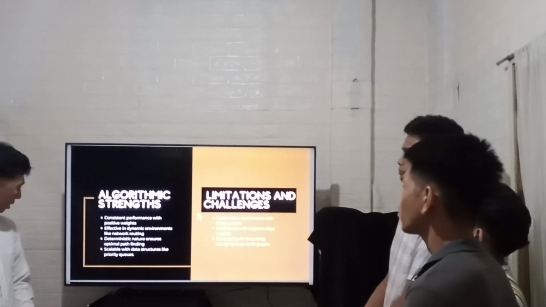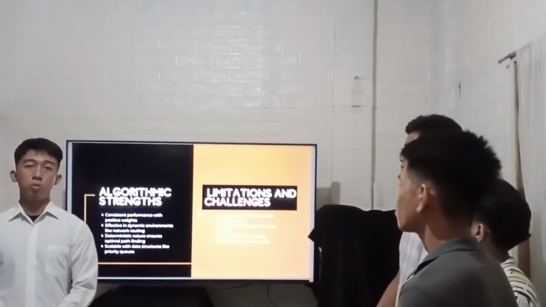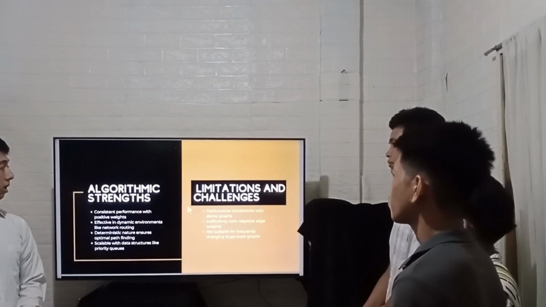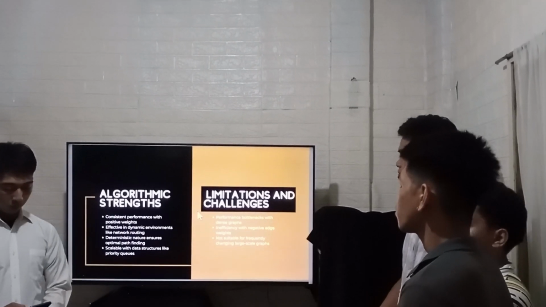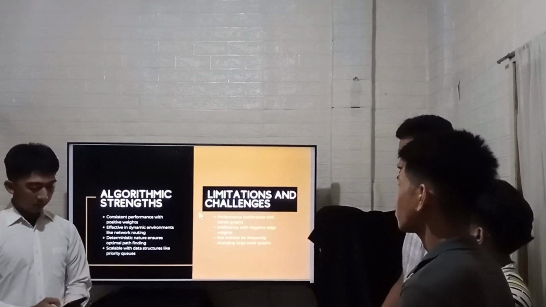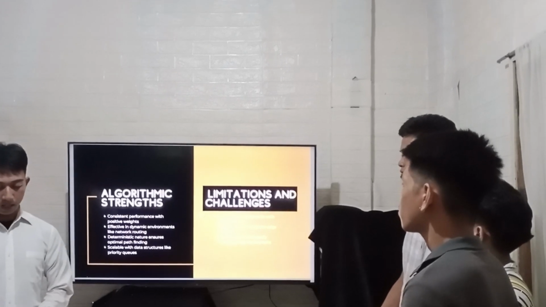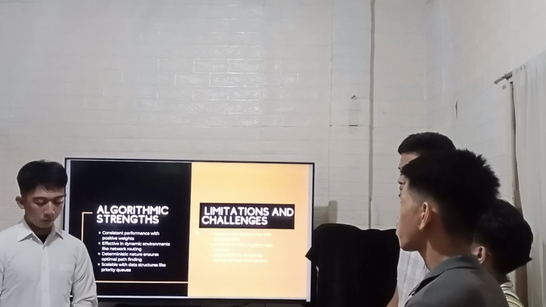Now, let's go to the limitations and challenges. So, even though Dijkstra's algorithm has a lot of advantages, it also has limitations and challenges. It can face performance bottlenecks with dense graphs because of the high computational resources required.